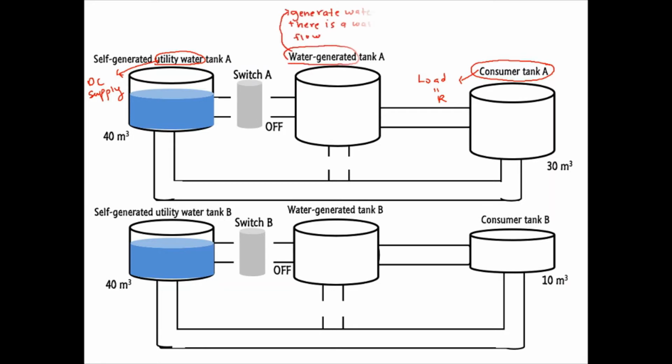In this system, the water-generated tank can generate water when there is a water flow. This tank acts as water storage of the system. Hence, this tank represents the inductor, because the inductor stores a magnetic field when there is a current flowing through it.